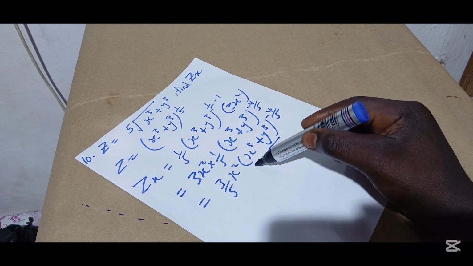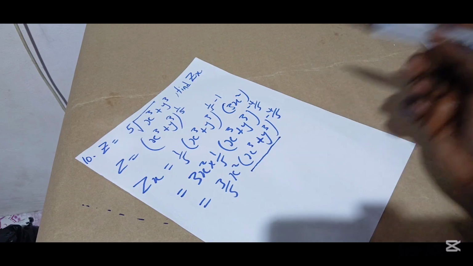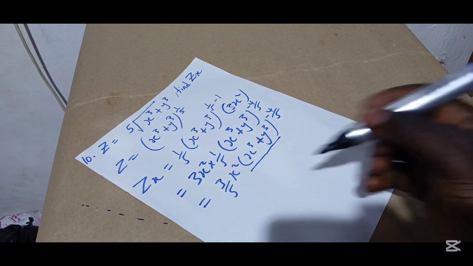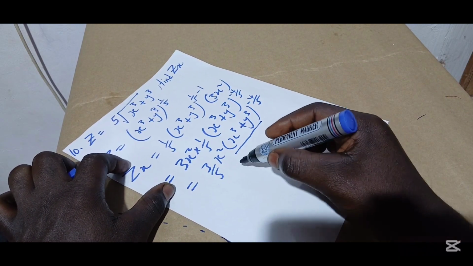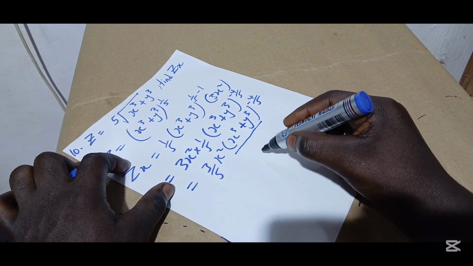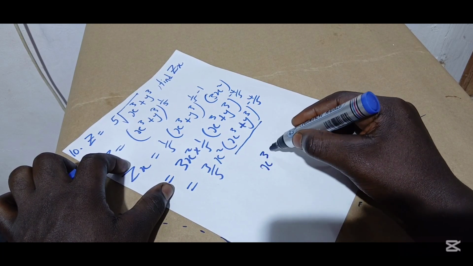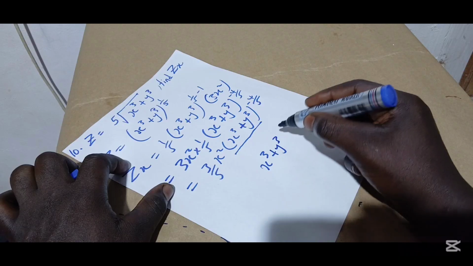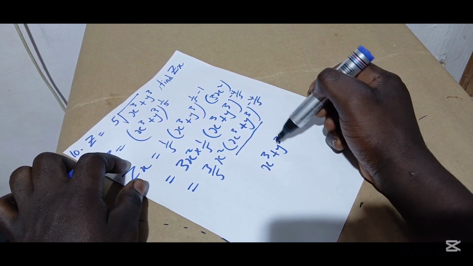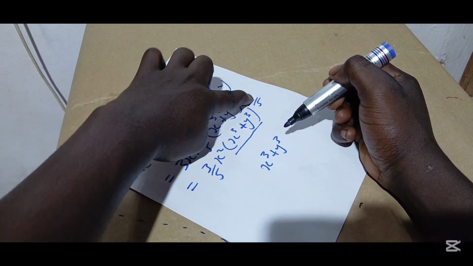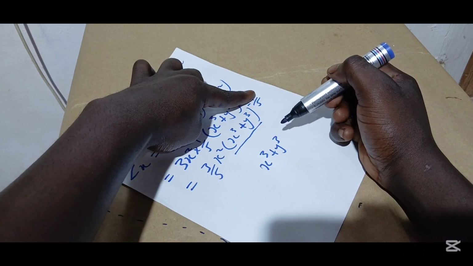This means an inverse, right? So we can bring this down as a denominator. And doing that, we can write x to the power 3, y to the power 3. And this is to tell you that this is the fifth root, per what we discussed earlier.